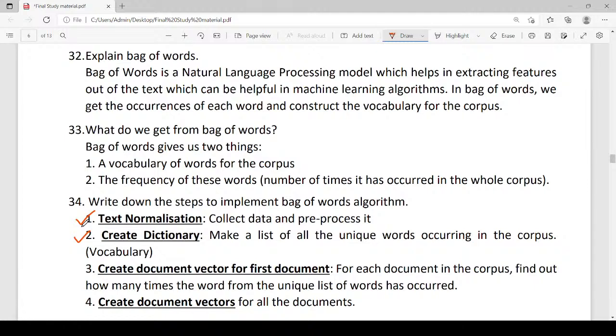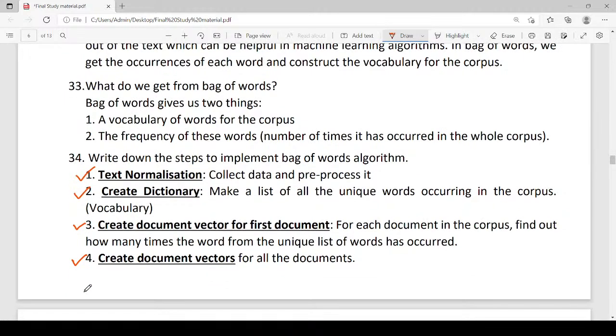Then you're going to create a document vector for the first document, document number 1. You're going to take it, count the number of times a word has occurred in that document and note it down. Finally, you create document vectors for all the other documents.